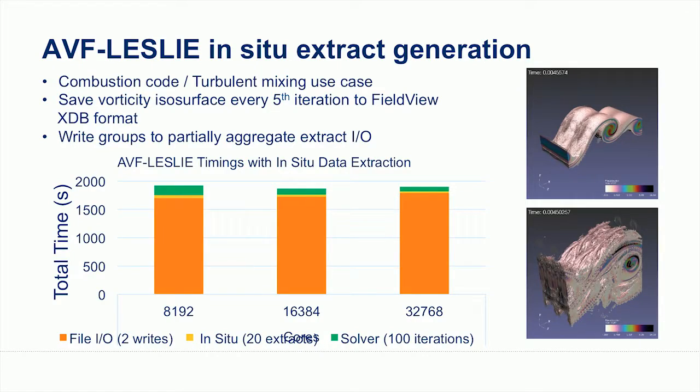The breakdown is that the orange is the dumping of the entire solution for that time step. The yellow is the dumping of the extracts, and he said he has generated 20 extracts, so possibly 20 isosurfaces per dump. And this is the compute time of 100 solver iterations.